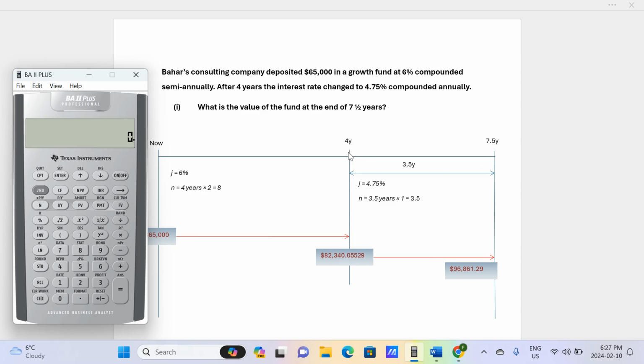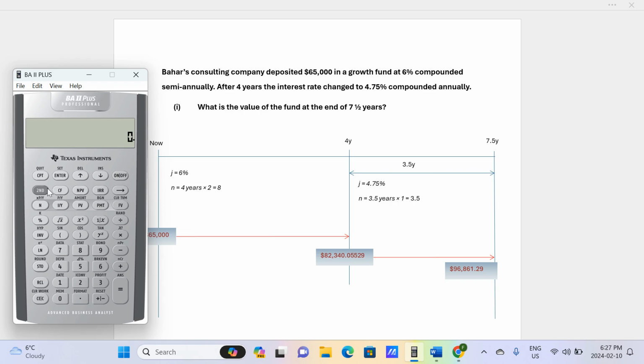Then this future value after 4 years would be the present value for 3.5 years. By using this present value for 3.5 years, I'm gonna find the future value at the end of 7.5 years. Okay, let's find first the future value after 4 years.